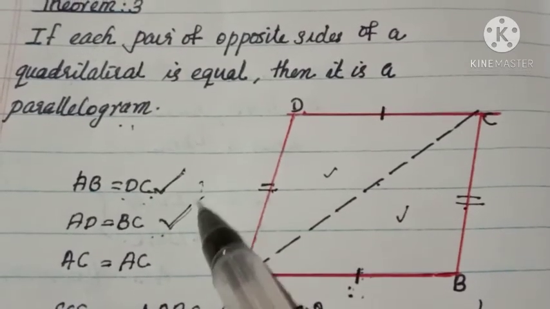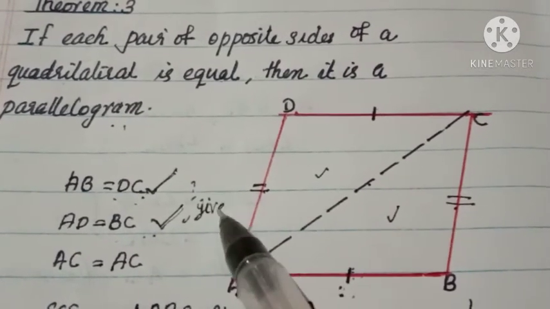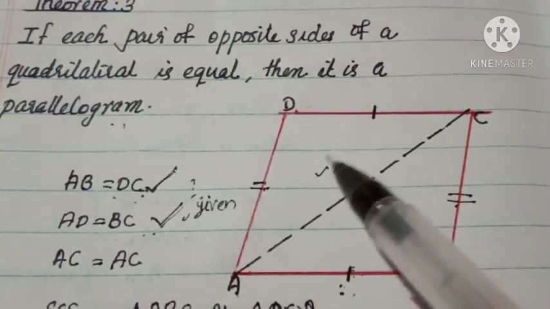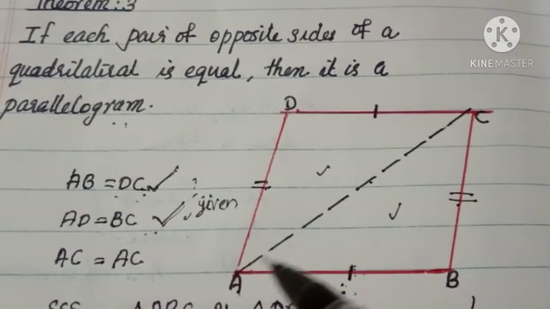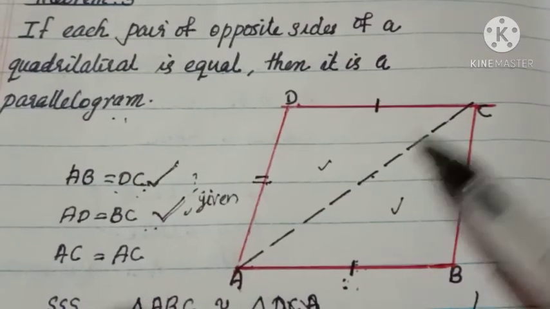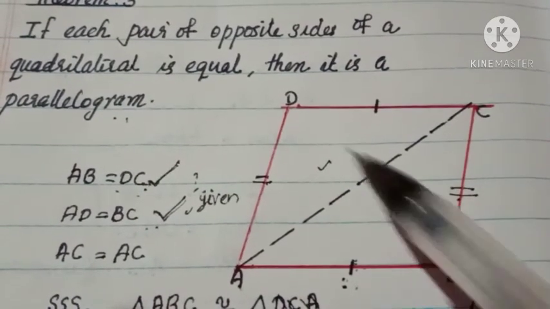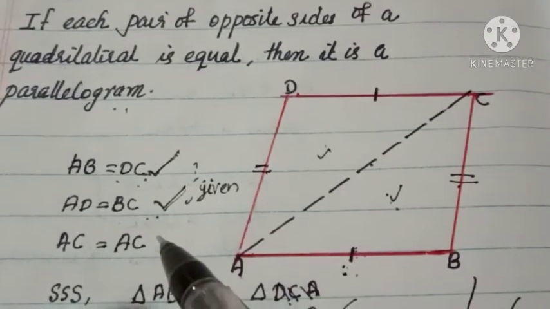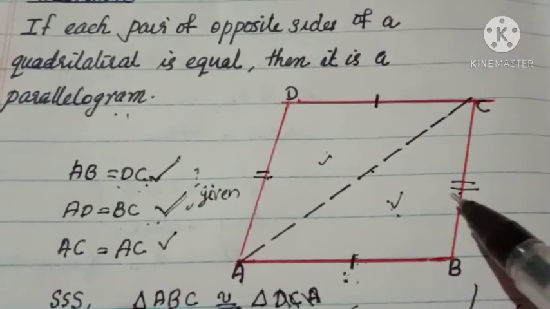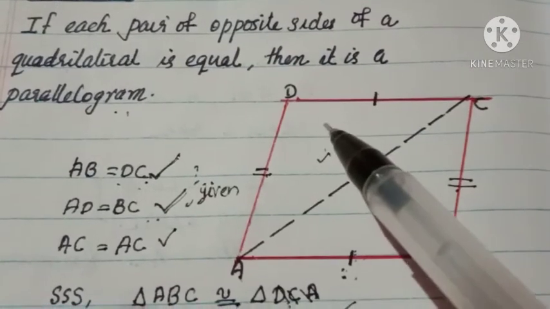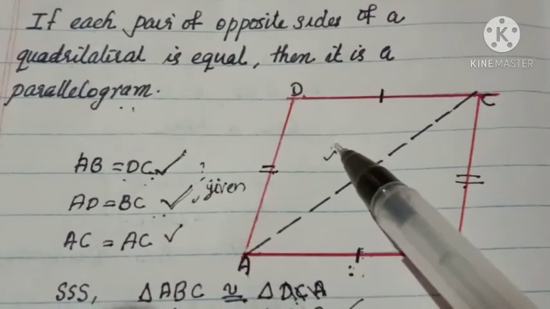These are given. Okay. Now consider these two triangles ABC and ADC. In these triangles, the side AC is common to both. So AC equals AC. So listen, three sides of triangle ABC are equal to three sides of triangle ADC.